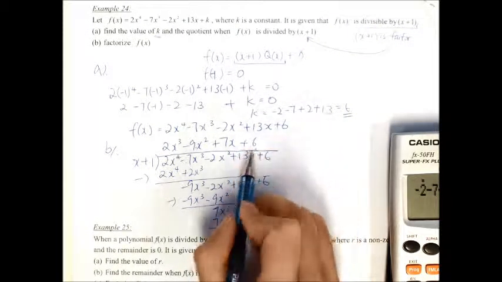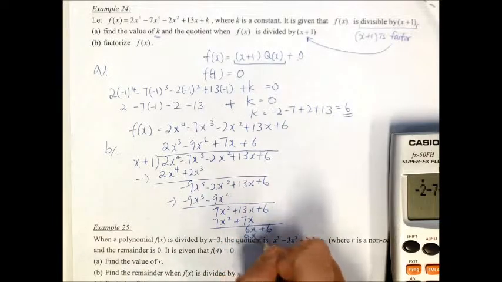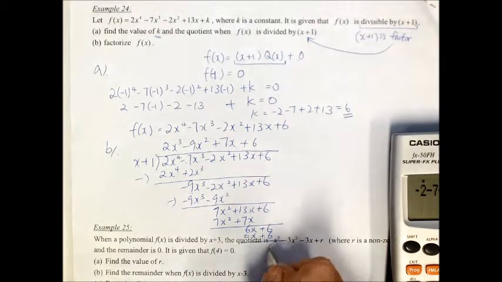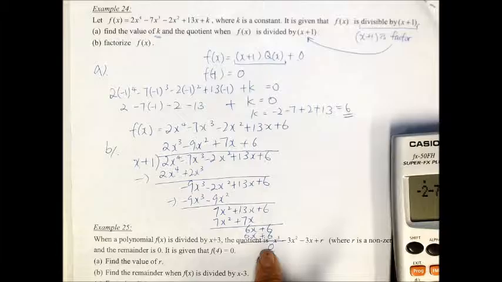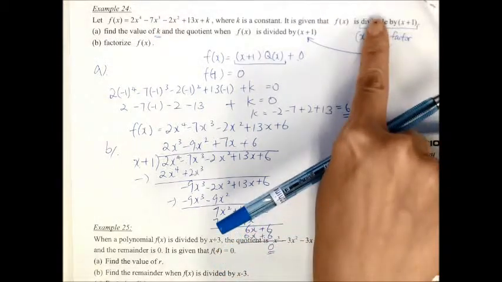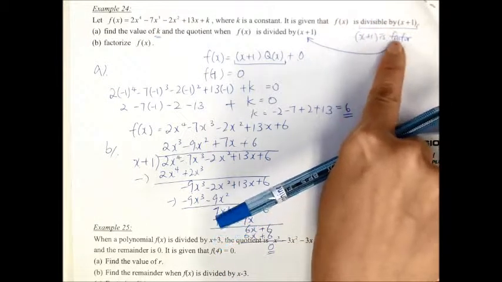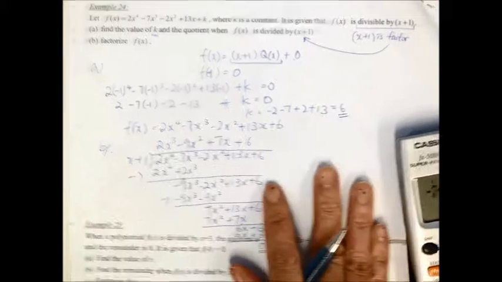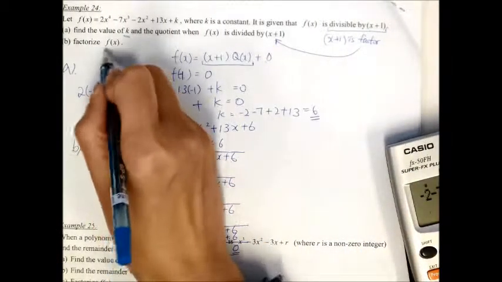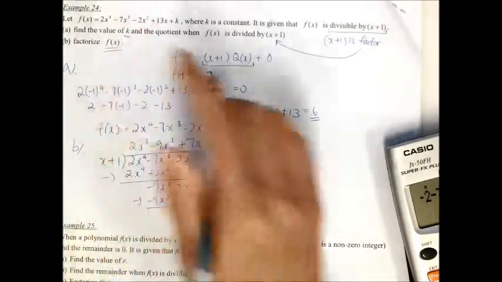Okay, so 6 times x plus 6. See, the remainder must be 0 because it is divisible. It is a factor. Alright, so just rewrite in factor form.